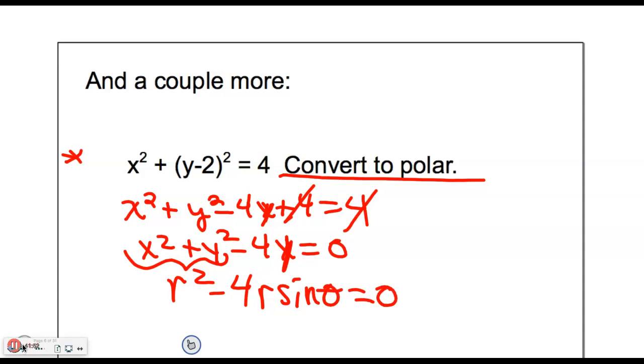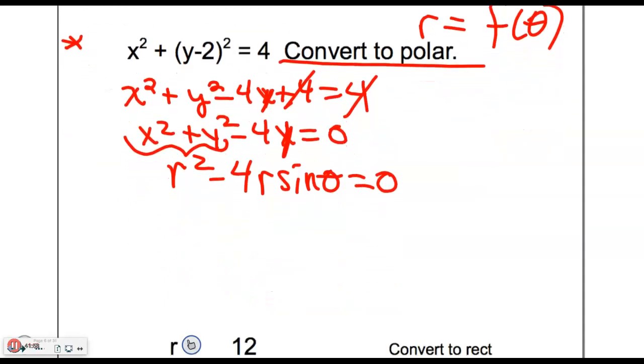Now you can solve that. Remember when it says convert to polar, you want r to be some function of your theta. So what are you going to do now that you've got all your x's and y's out of there? Solve for r. How? Factor it, just like it's a quadratic equation of r, right? So we'll factor the r out.